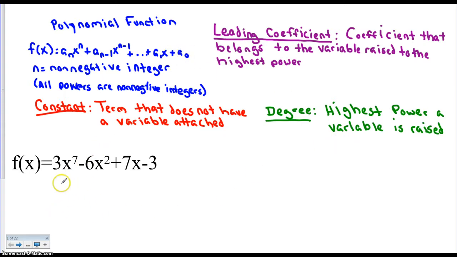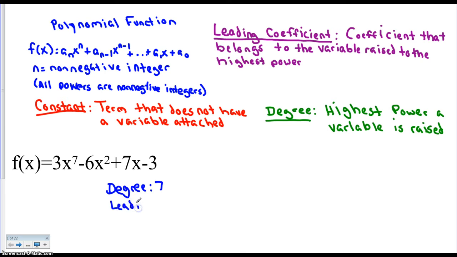So let's look at this function right here and identify what is the highest power. Okay? So that means my degree in this case is 7. Alright? Well, the next thing I want to identify is my leading coefficient.